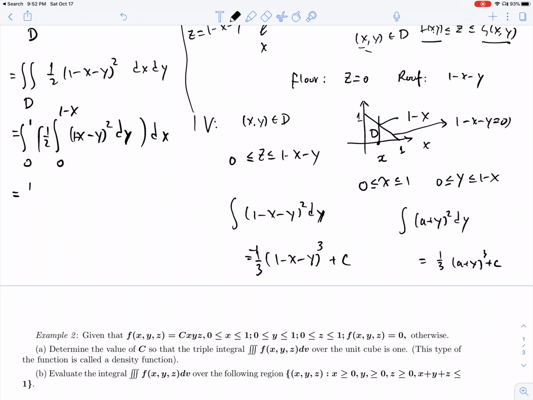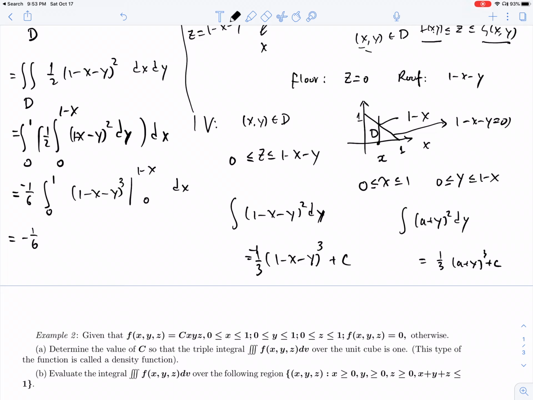We have 1/6, because 1/2 times 1/3 is 1/6, and we have a negative, and then from 0 to 1, this function over here, (1 - x - y)^3, and plug in 1 - x and 0, and then dx. All right, so this is negative 1/6.